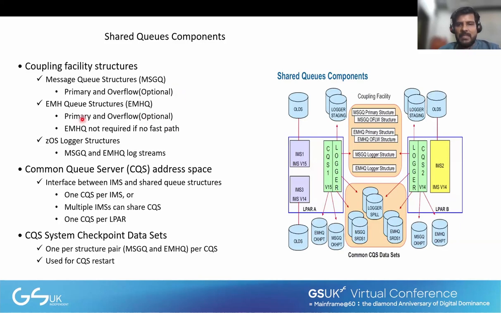Similarly, for fast path messages, we define the EMHQ primary structure and an optional overflow structure. If our IMS system doesn't have any fast path application, then the EMHQ structures are not required. Next, we define two logger structures in the coupling facility, one for the message queue structure and the other one for the EMHQ structure per shared queue group.